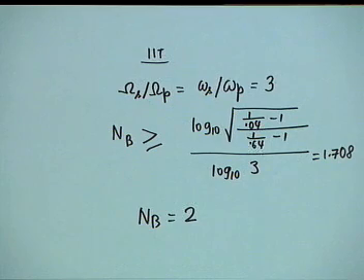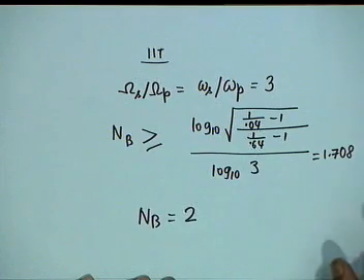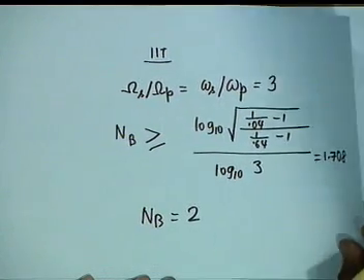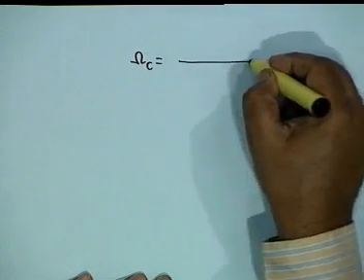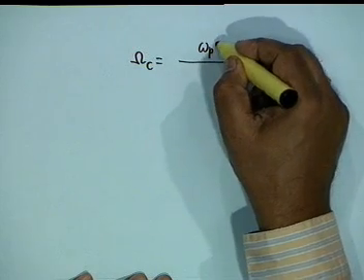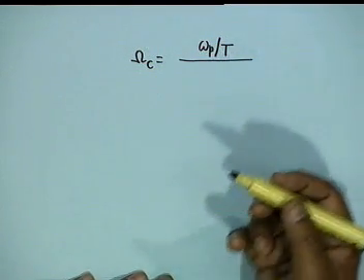And in order to design a Butterworth filter, you also require the value of the 3 dB cutoff. So omega sub c here would be equal to omega p divided by t instead of the tangent. Okay, because there is a linear relationship.